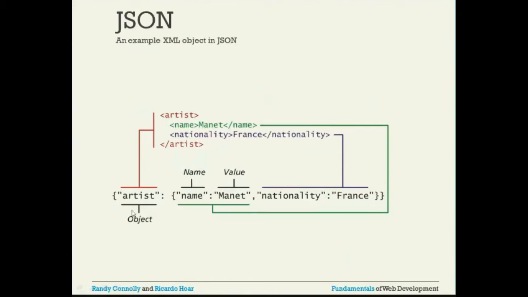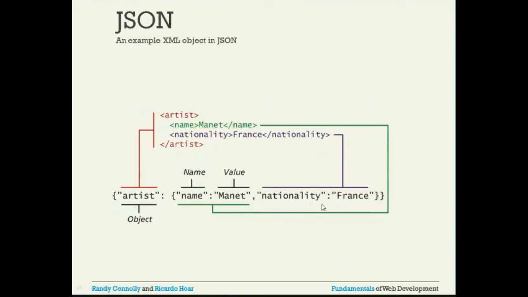You will have an opening curly brace and a closing curly brace. Artist is the object inside double quotes, then a colon, then a pair of opening and closing curly braces.